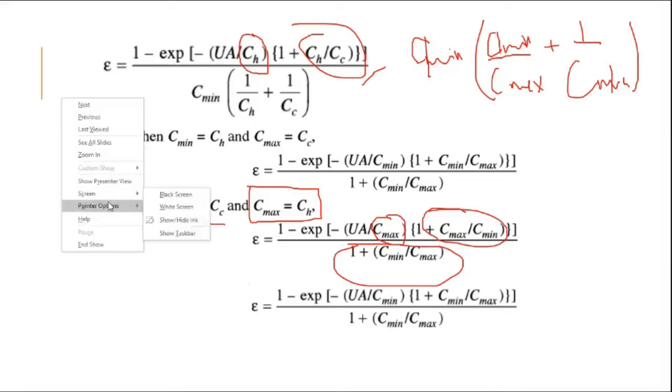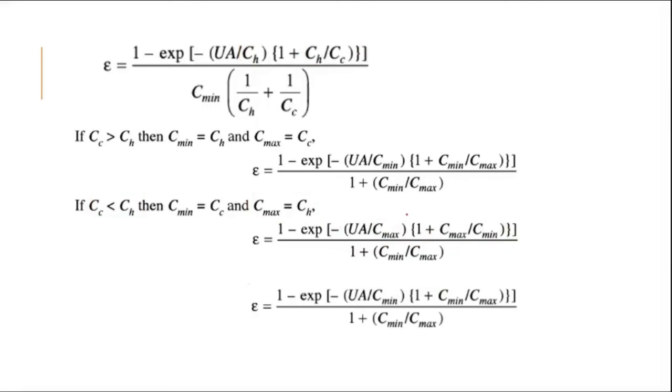We are going to rearrange the numerator a bit, and we will see what we can get. So for this exponential term, what we have is minus UA by Cmax. I will just rewrite that again. We have UA divided by Cmax multiplied by 1 plus Cmin by Cmax.